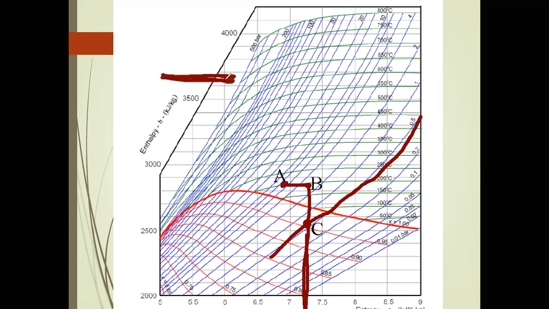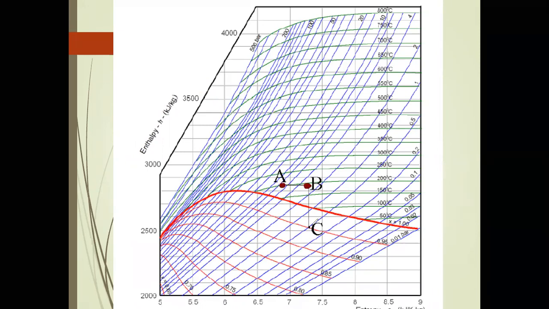When it is told that the entropy is constant, you draw the line vertically. Okay, so in this way, my student, we get the points A, B, C.